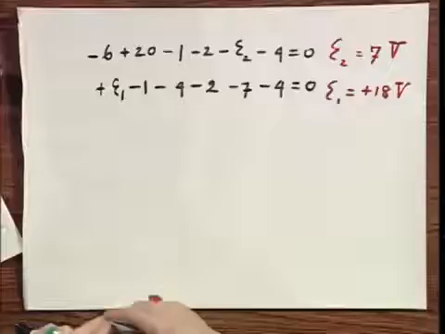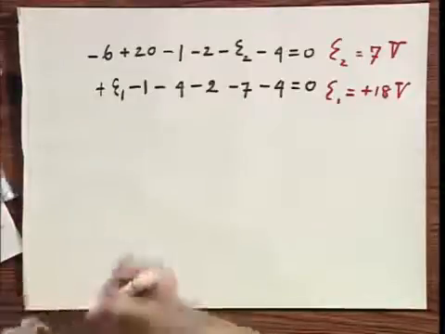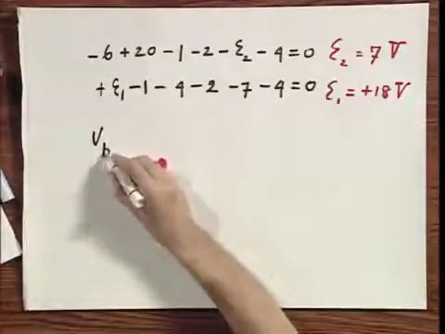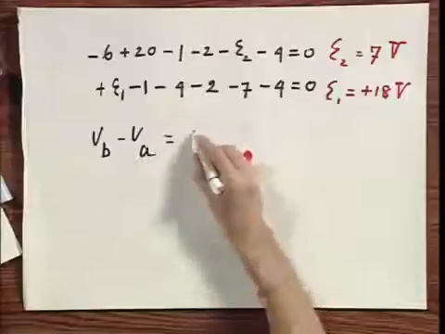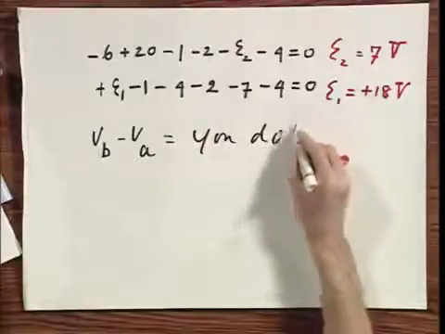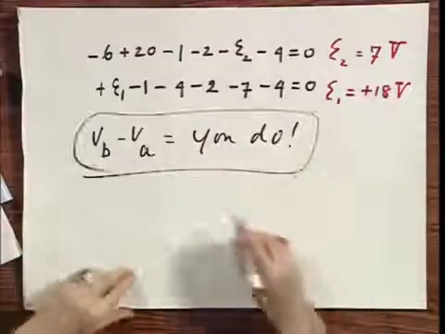If you want to call uphill minus, be my guest. That's okay, I call uphill plus. But you must do it in a consistent way. And now you're being asked, what is the potential difference VB minus VA? Well, I think you can do that one. I have no doubts.